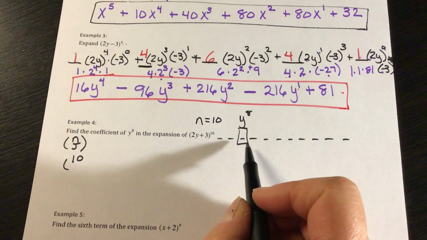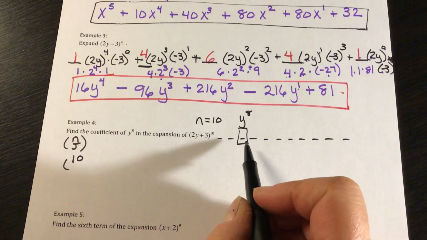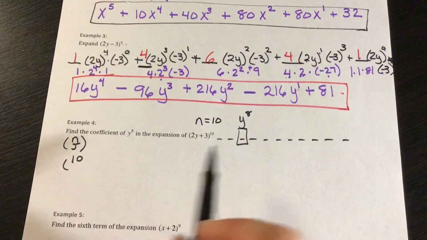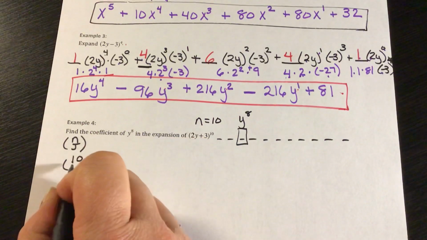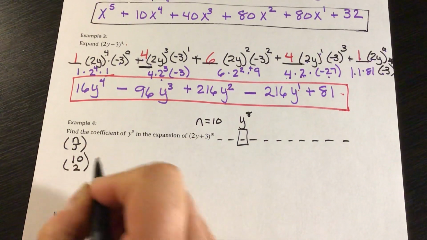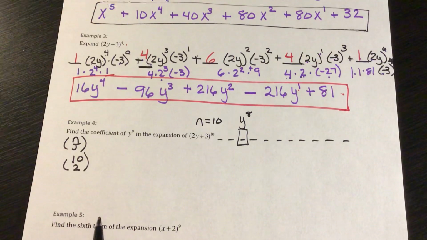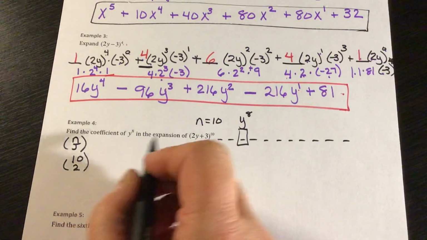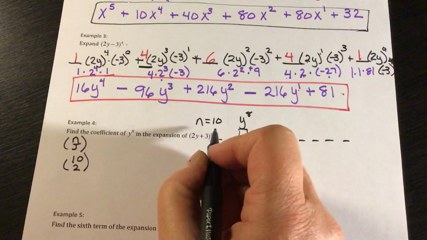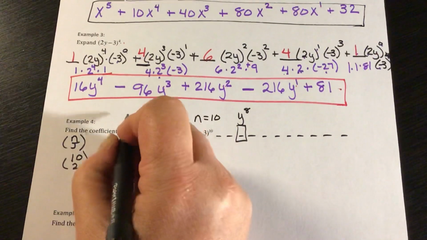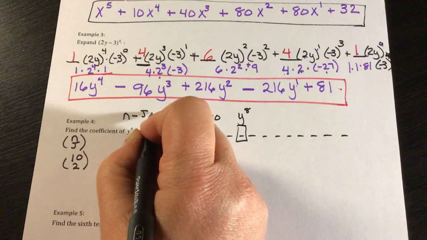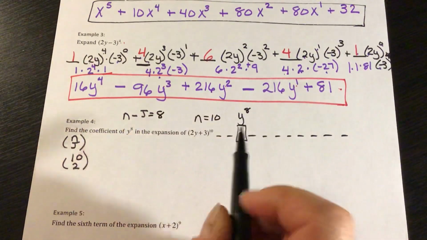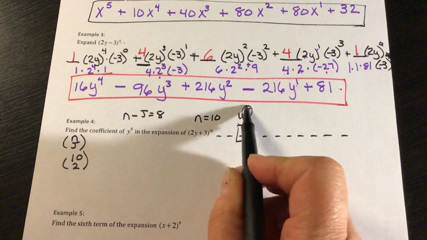I'm trying to determine how I'm going to explain this to you. But I've only used 2. So I'm going to do 10 choose 2, and I'm just going to see if this works. That means n minus j has to be 8, because I want the 8th power.